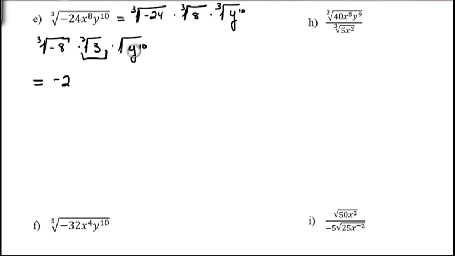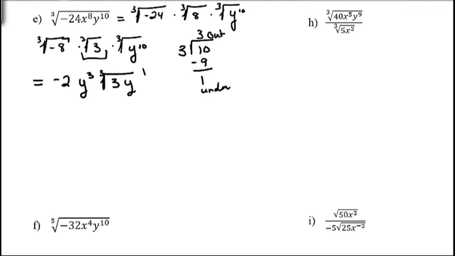And we can take the cube root of y to the 10th, so we would do that division, 3 into 10. 3 goes into 10 3 times. 3 times 3 is 9, so we're going to subtract 9 and get a remainder of 1. So this is what has to stay under, and this is how many come out. So that's going to be y cubed, and then underneath our cube root, we still have this 3, and we had a remainder of 1 here, so we still have a y left.